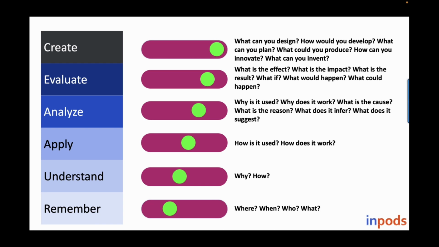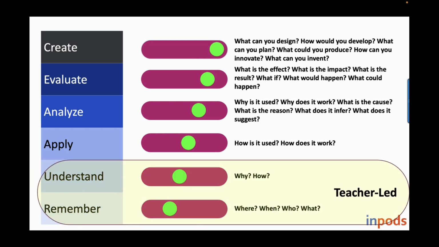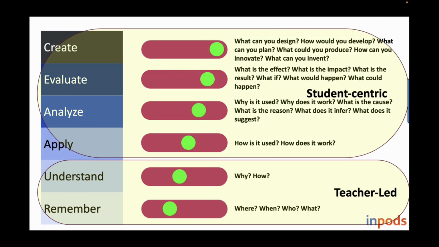So if you look at these categories now, the first two levels are teacher led. A teacher will have to ensure that they are able to remember something, they are able to understand something. Once that happens, it establishes a very strong foundation. And then many things become student centric. They have to apply, analyze, evaluate, create.